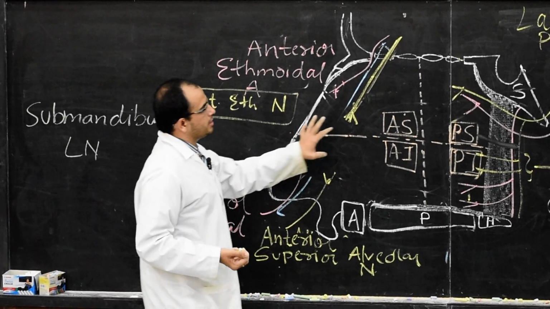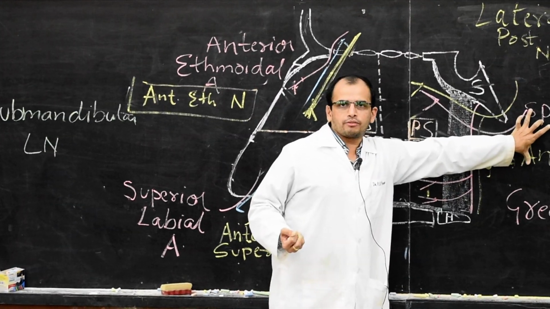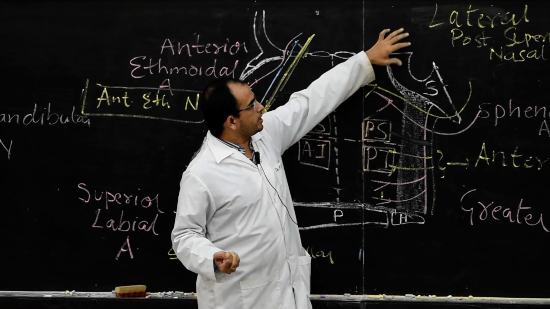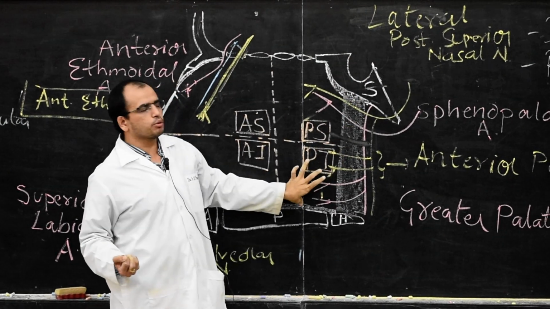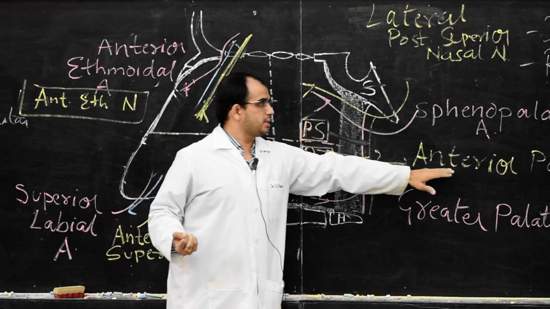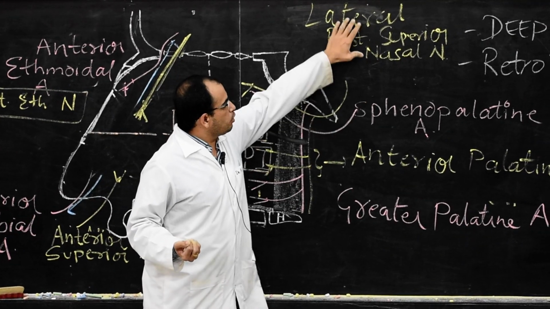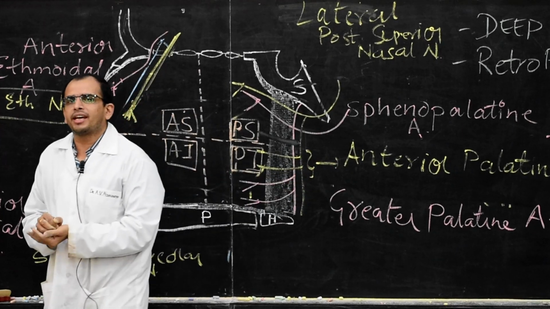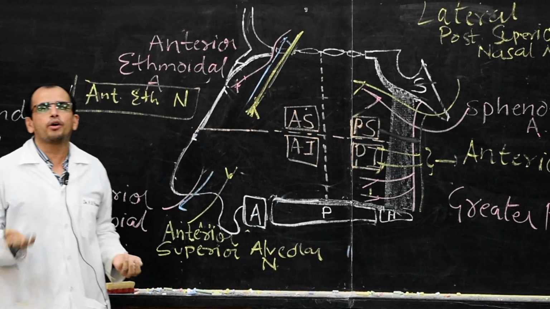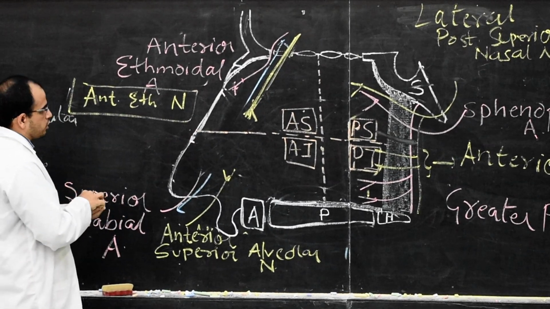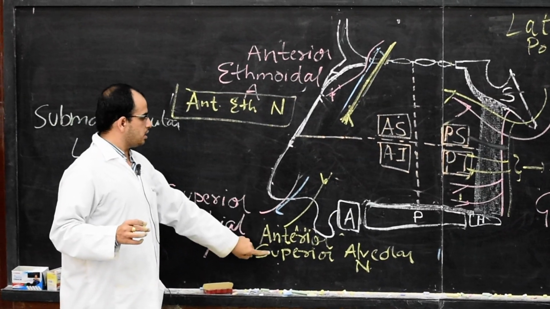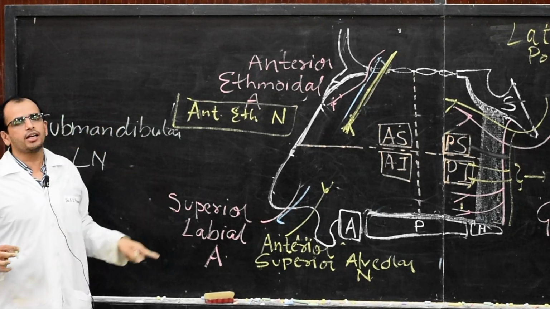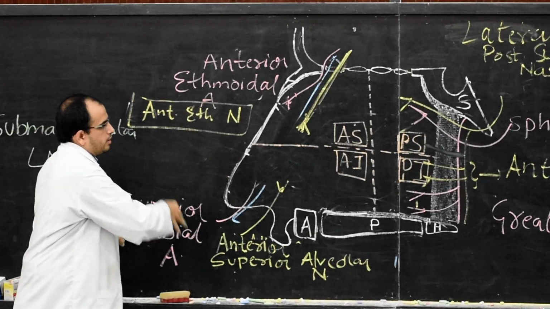So the only change in the nerve supply is on the posterior half. In the posterior superior quadrant, instead of medial, it is the lateral posterior superior nasal nerve, and in the posterior inferior quadrant, it is the anterior palatine nerve. Both nerves are branches from the pterygopalatine ganglion, which you are going to learn in the upcoming lectures. So that is about the arterial supply, venous drainage, nerve supply and lymphatic drainage of the lateral wall of the nose.